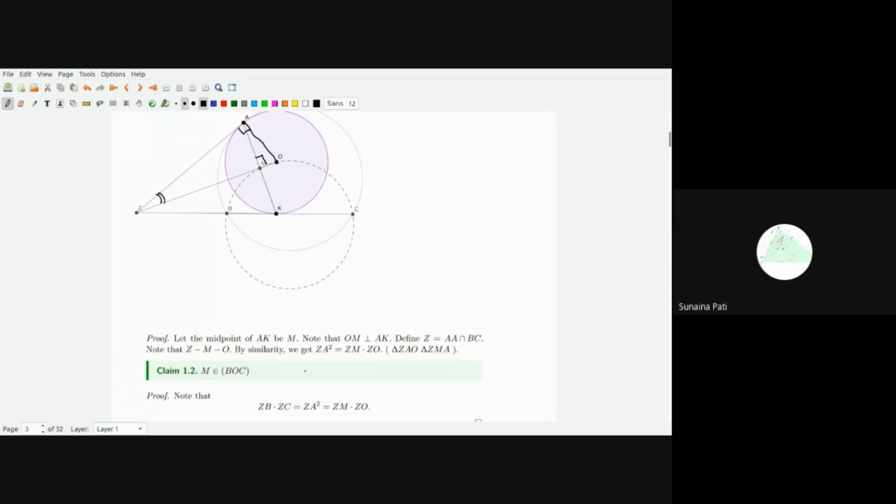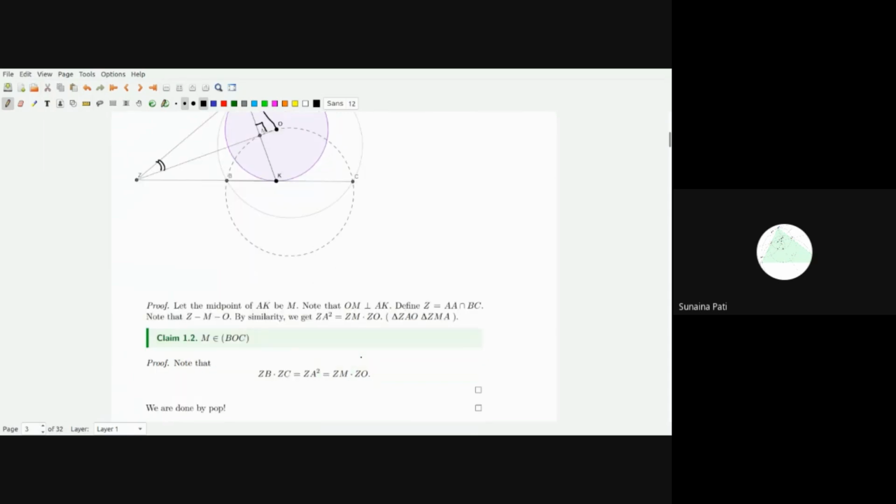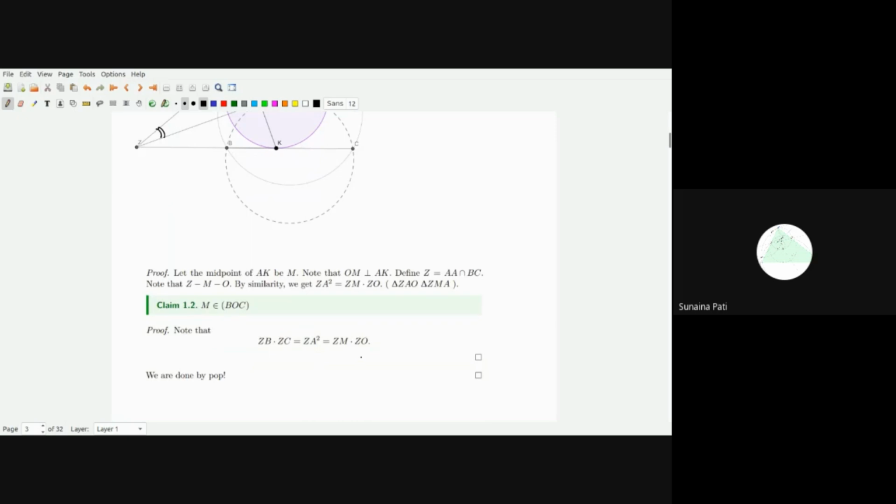Then ZA squared is equal to ZM into ZO because of the similarity we got, and hence ZB into ZC equals ZM into ZO, and we're done by POP. What's POP? POP is power of a point.